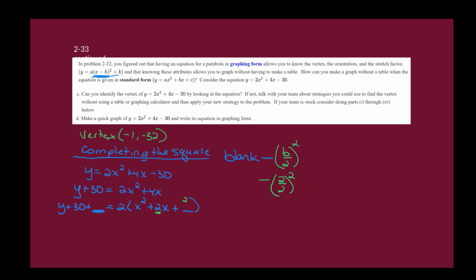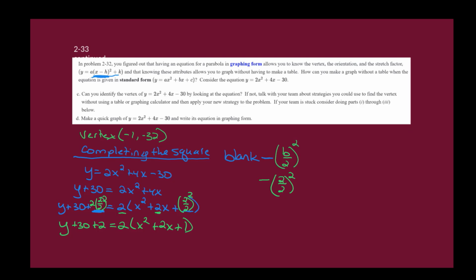So we have 2 over 2 squared, but it's also multiplied by 2. So over here, we have to put in 2 times 2 over 2 squared. So this becomes y plus 30 plus 2. This becomes 2 times x squared plus 2x plus 1. Okay? All right, let's take this over here.